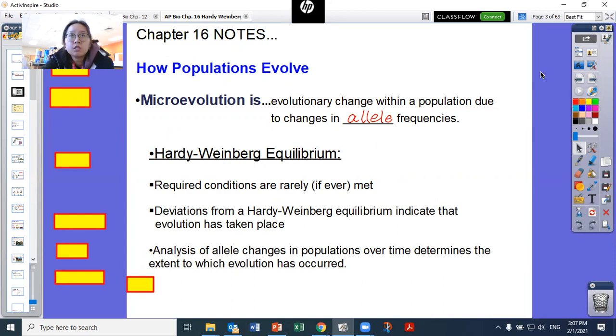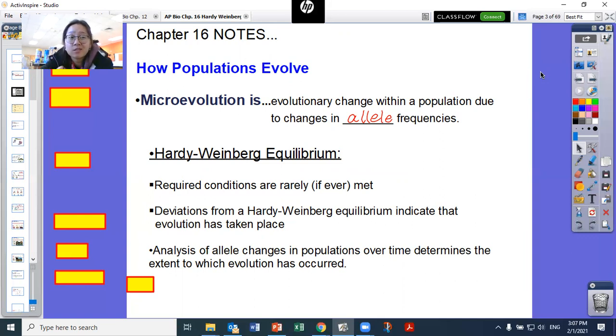So for example, if you just wanted to focus on hair type alleles in wild boar, and you looked at one population that lived in the woods over to the east, you'd see there's coarse and there's smooth hair, and those are the two alleles. If you just collect population data, you'd notice that 80% of them have coarse hair and 20% of them have smooth hair. And so you'd be able to get an allele frequency out of that, right?